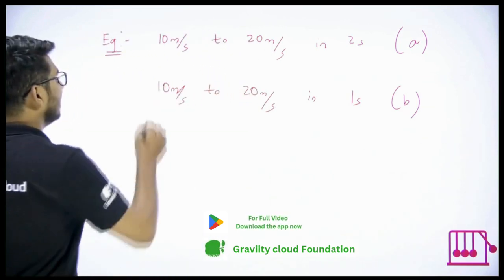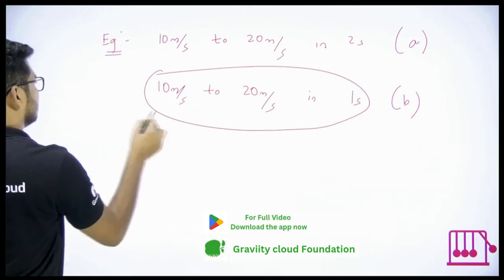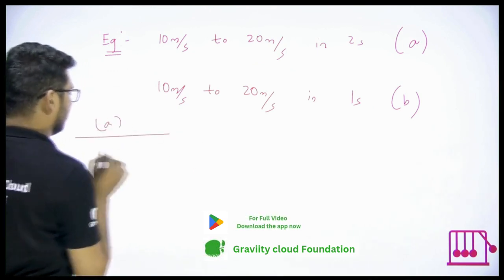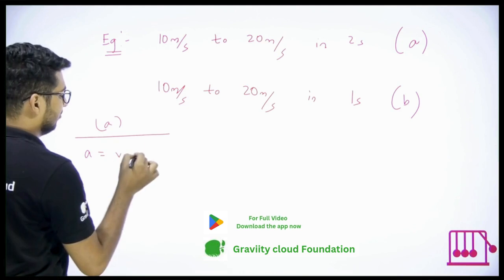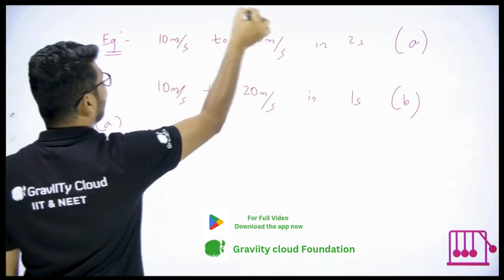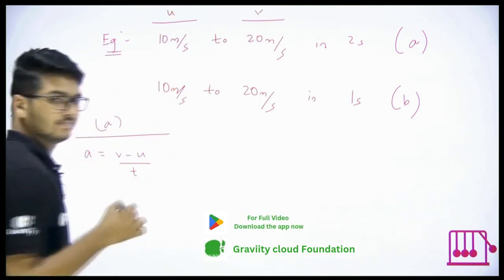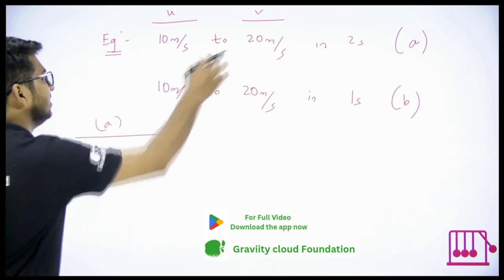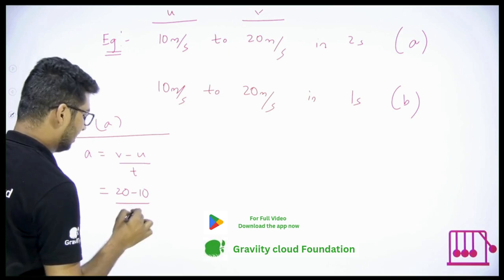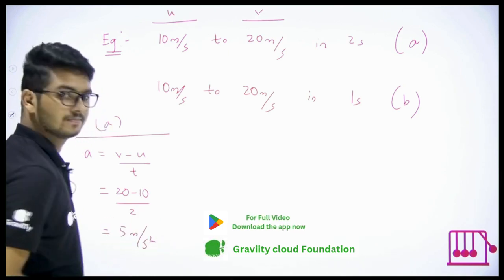So here, when you try to calculate the values of acceleration in both the cases, I'll go with case A first. What is the formula for acceleration? a = (v minus u) by t. V will refer to the final velocity and u will refer to the initial velocity. So in case A, v is 20, u is 10. So 20 minus 10 by time 2, you'll get the answer as 5 meter per second square.